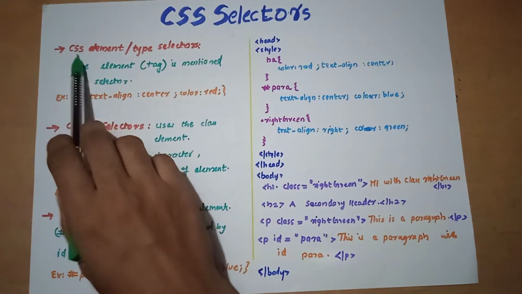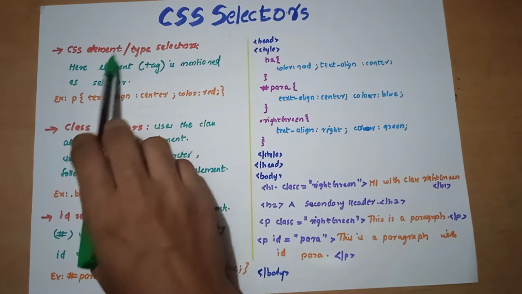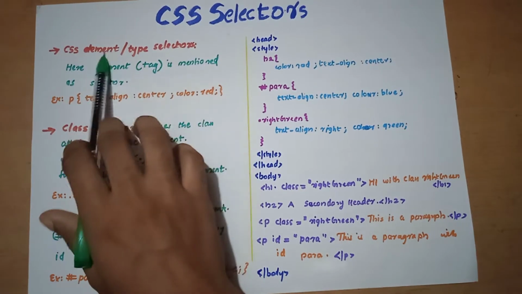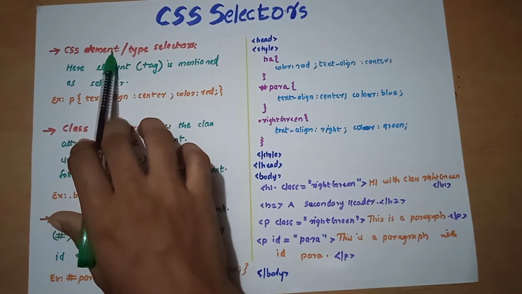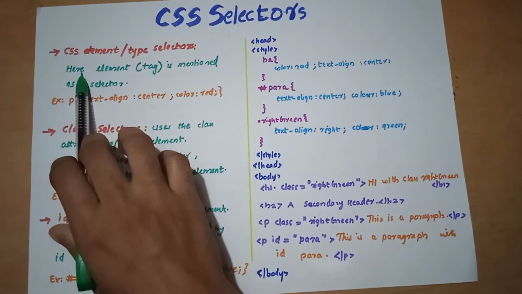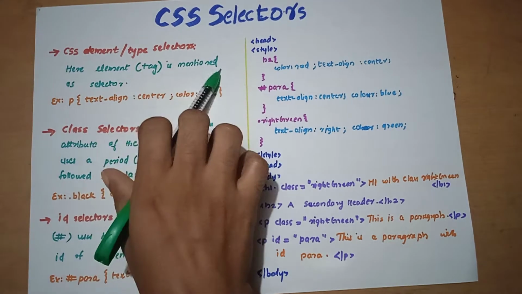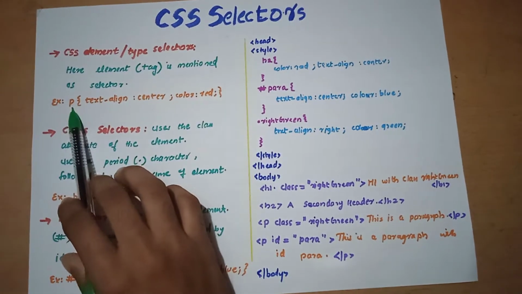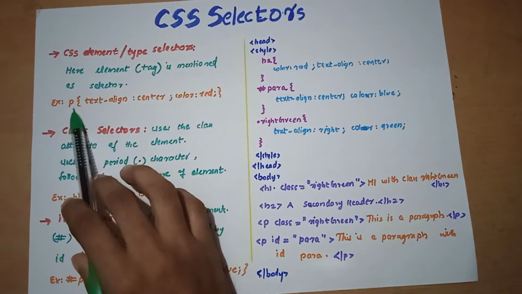The first one is the CSS element or type selector. An element is nothing but an HTML element. Here the element or tag is mentioned as a selector. This is normal and quite simple, as we write in the preliminary portions.